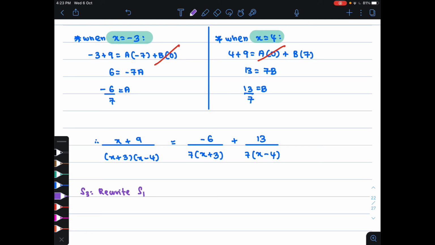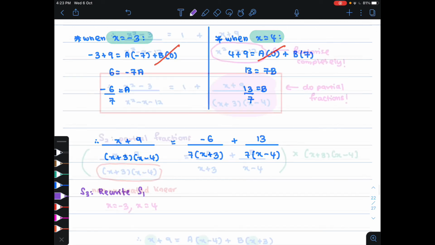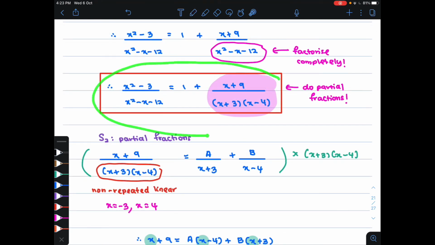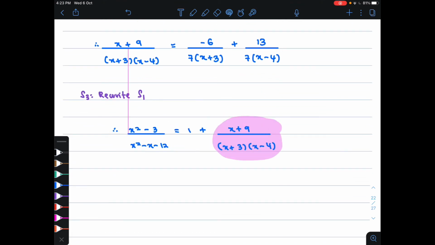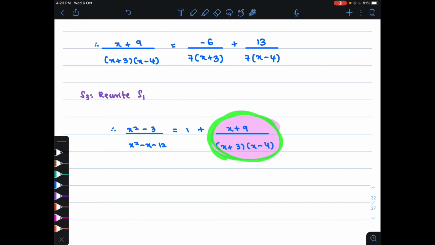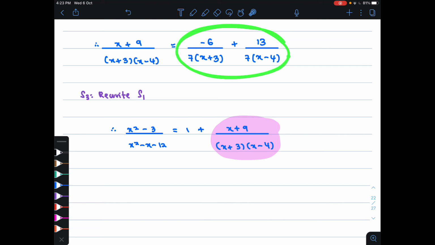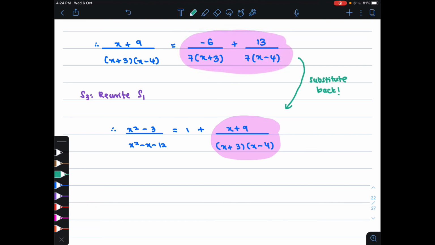For step 3, we need to rewrite step 1. So this is from step 1. And note that this partial fraction is actually this one. So this means that you need to substitute the partial fractions back into our original equation in step 1.